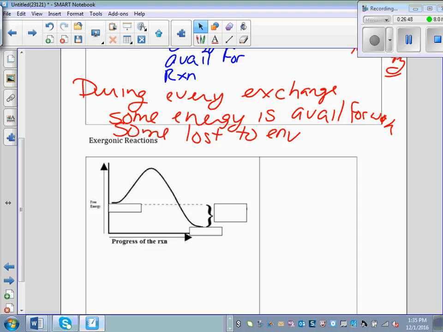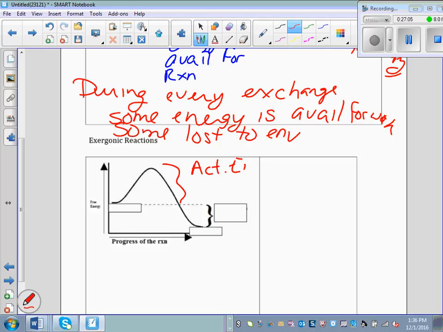Okay, now this graph doesn't look familiar at all, right? We dealt with it with enzymes. Enzymes lower the activation energy. So this is the energy required. Remember this? This is the activation energy, the energy required for a reaction. This is the energy released.